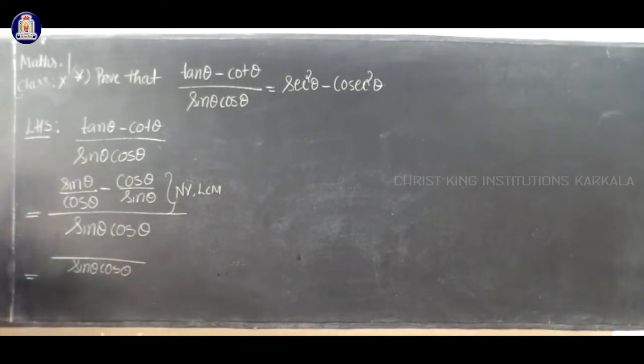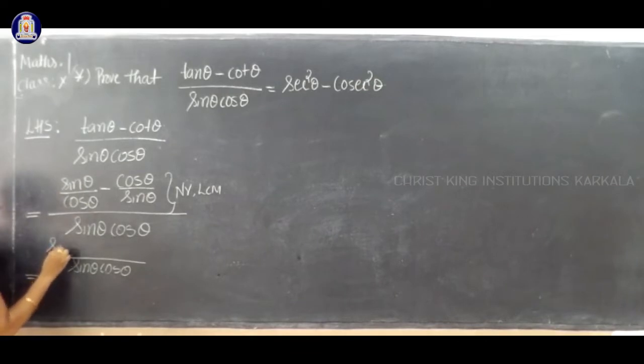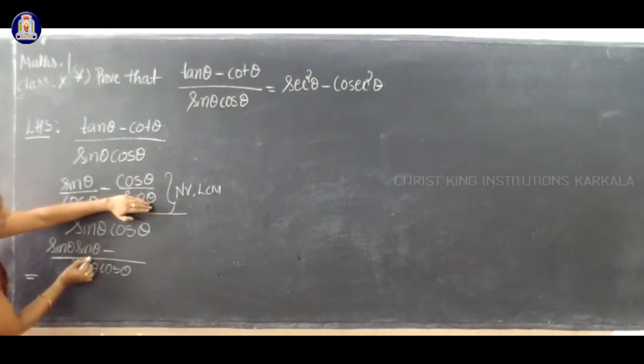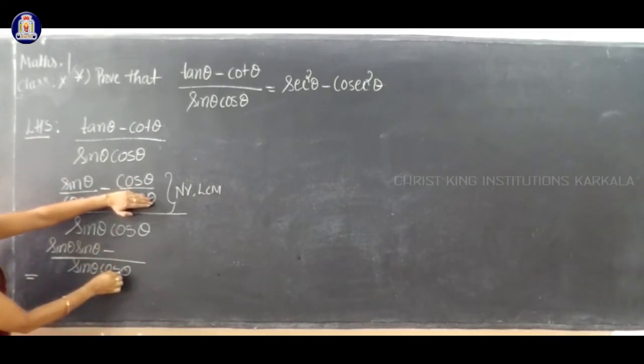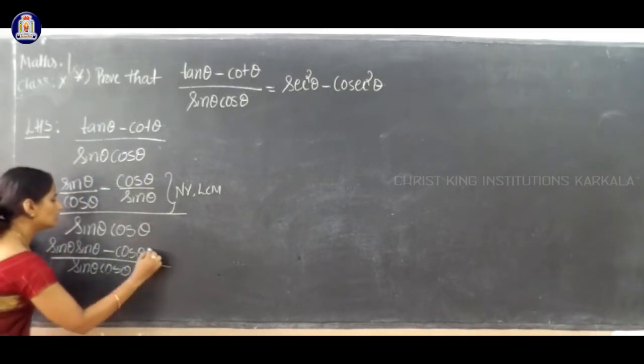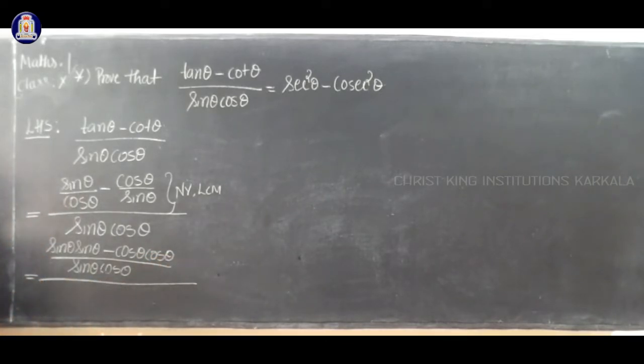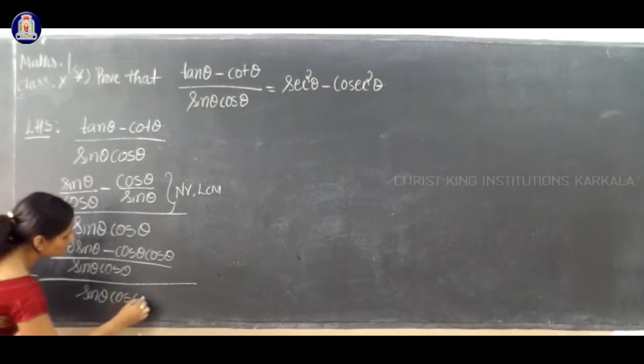Now in the numerator part, cos theta and this cos theta cancel. What is left? Sin theta, so sin theta into sin theta. Minus, this sin theta and this sin theta cancel, what is left is cos theta into cos theta, whole divided by the denominator, sin theta into cos theta.